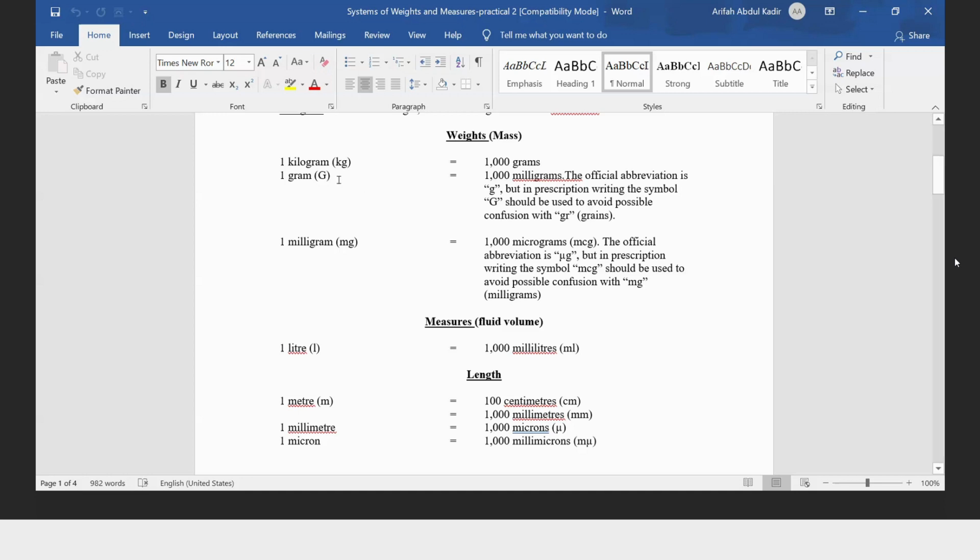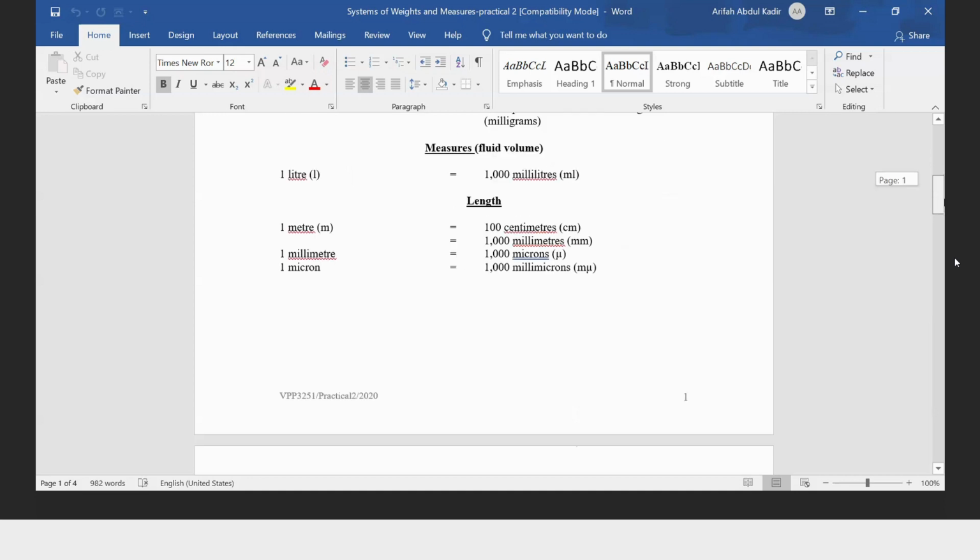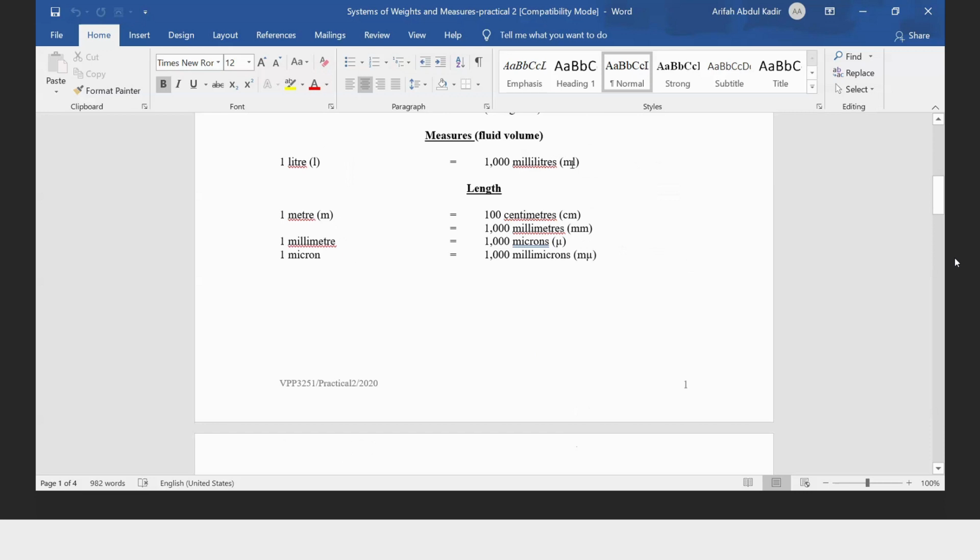We must remember 1 kilogram is 1,000 grams, and 1 milligram is 1,000 microgram. Usually the solid form of drugs are measured in milligrams. Fluid volume, 1 liter is 1,000 ml, that's very common.